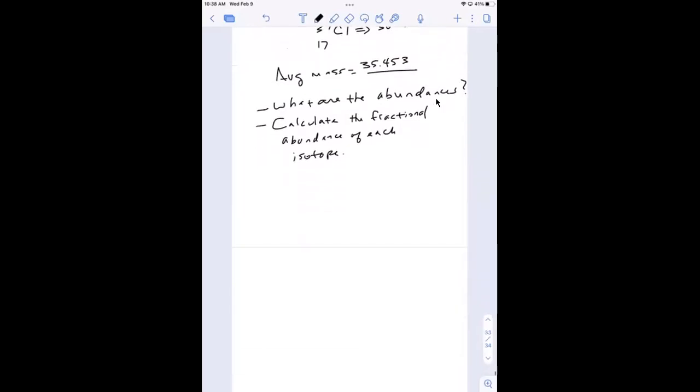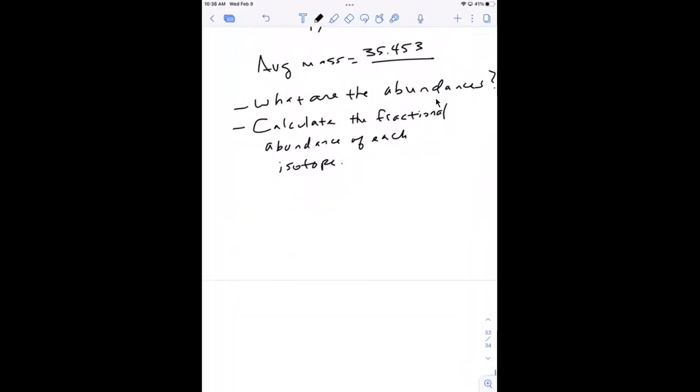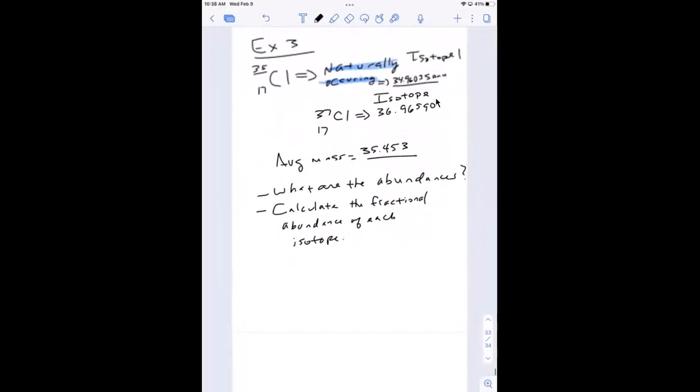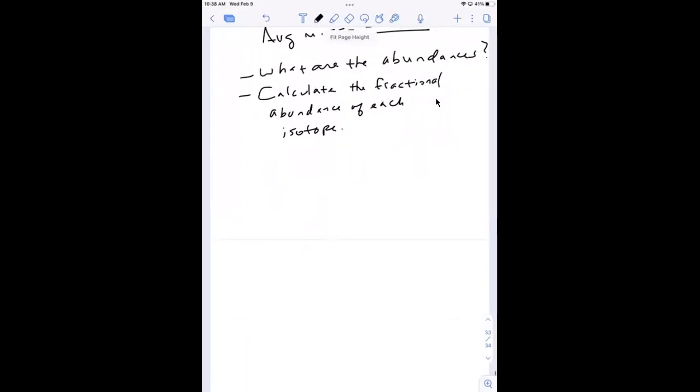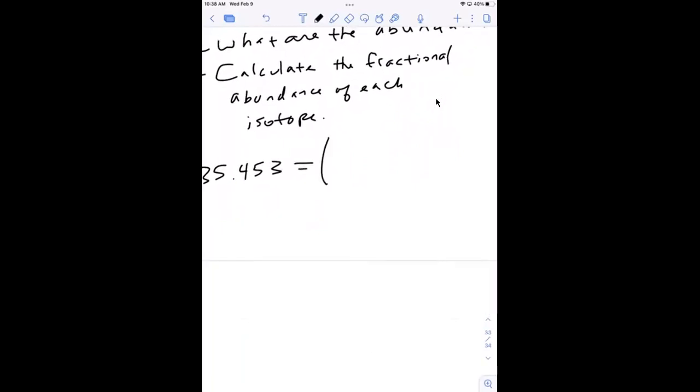So what we're going to do is set this up so that we can calculate the fraction. The average we know is 35.453, and we're going to set that equal to 36.96590 times, and I'll explain this in a minute, 1 minus x.